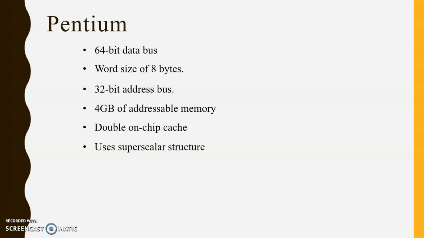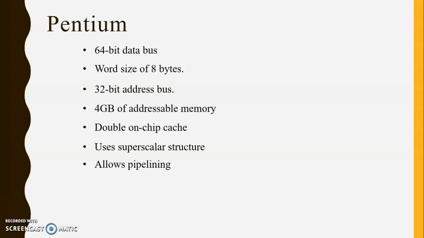Pentium uses superscalar structure. Now what does that mean? It simply means the instructions are executed at higher speed. Why? Because multiple instructions are executed in one cycle. So superscalar structure will allow multiple instructions to be executed in one cycle, which is going to increase the speed of your microprocessor.